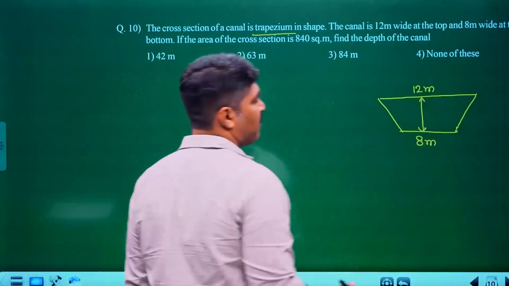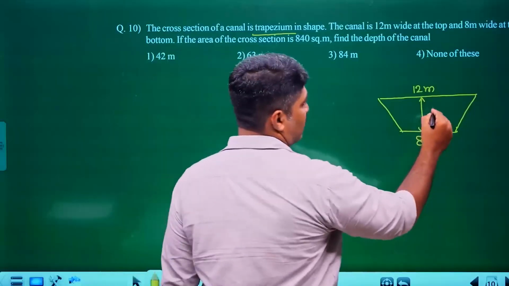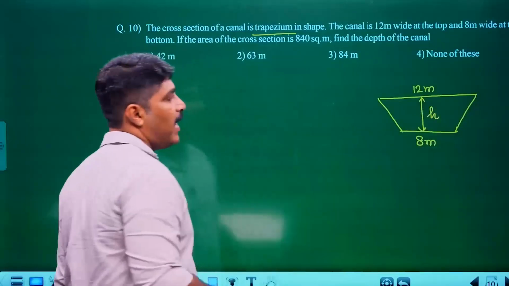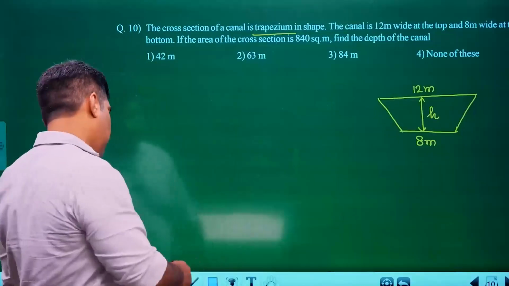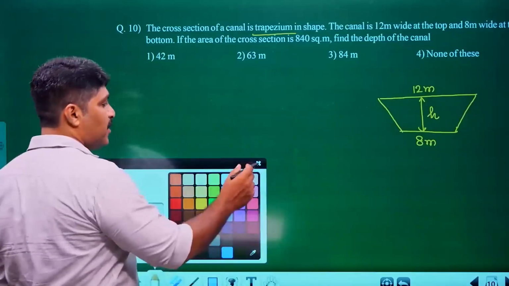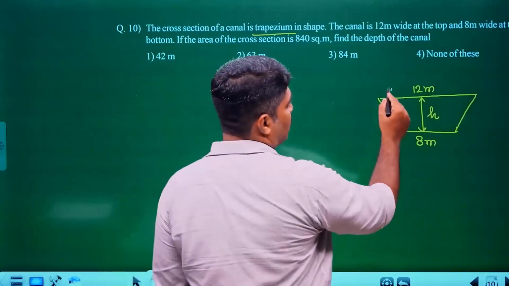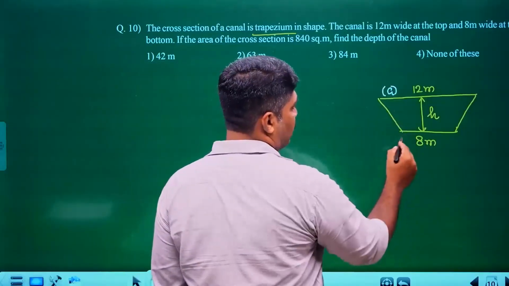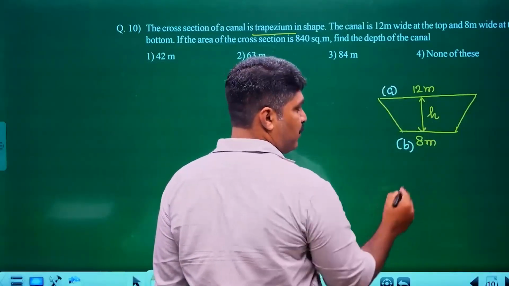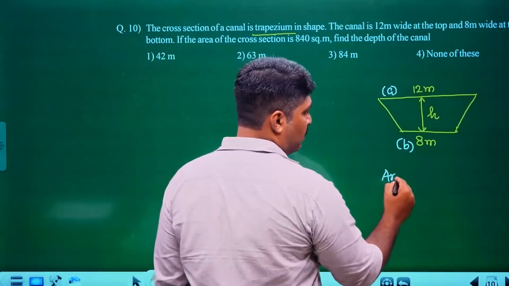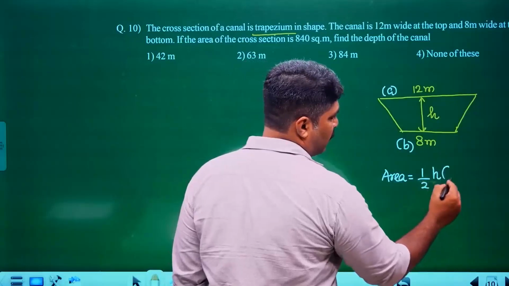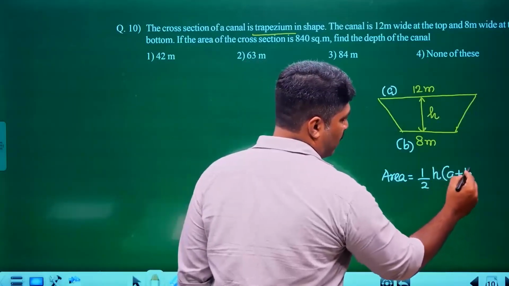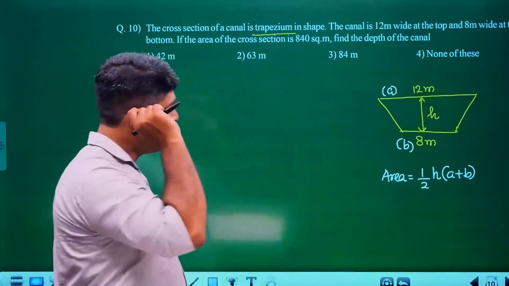I just put that as h, the height of this canal. What is the formula for finding the area of such a trapezium? Suppose the two parallel sides are A and B and the height is H. Therefore, the area of such a trapezium is half of H into A plus B.